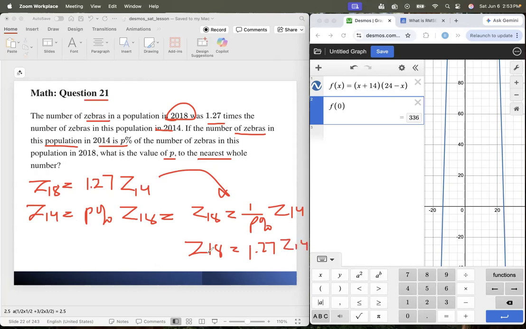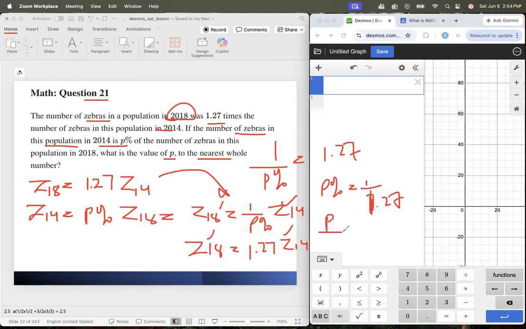If this is equal to that and this is equal to that, they are equivalent, then you can equate them. 1 over P% is equal to 1.27. That means P% is equal to 1 over 1.27. Percent is the same thing as P over 100, so this is equal to 100 over 1.27.